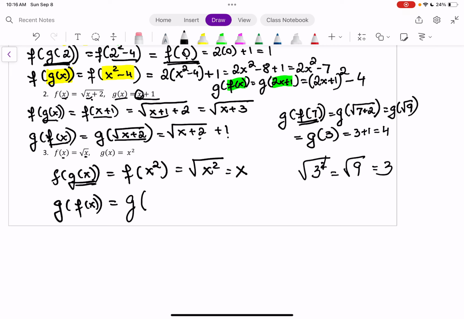Now let's do this again, where I'm substituting first the function f of x, which is a square root function. And what the function g does is that it squares anything that comes its way. And again, a square and a square root cancel each other out in any order.